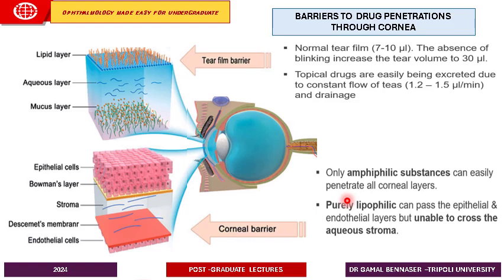And the reverse is true, a purely hydrophilic substance will not enter the epithelium because the epithelium is mainly a lipophilic layer. So this point should be taken into consideration when we discuss the pharmacokinetics of the drugs and the pharmacokinetics of the cornea.